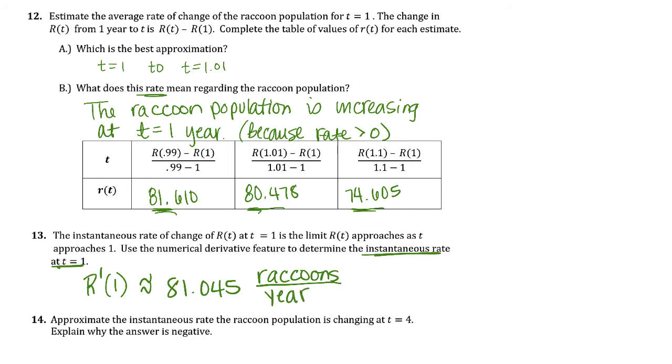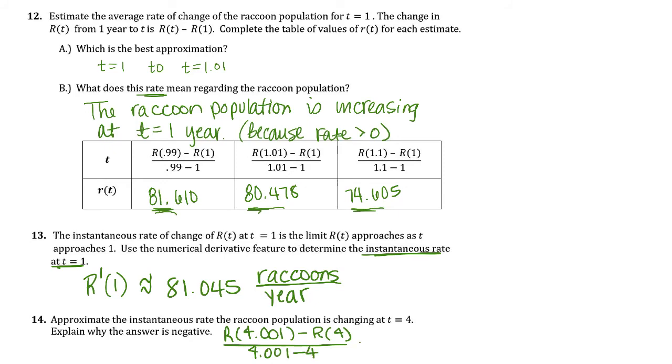Okay, and so then now the next one, approximate the instantaneous rate the raccoon population is changing at 4. So here if we go through, we really need a real tight interval around this, so I would do R at 4.001, well, let's throw in a couple of zeros, minus R at 4, and of course that's all going to be over 4.001 minus 4.